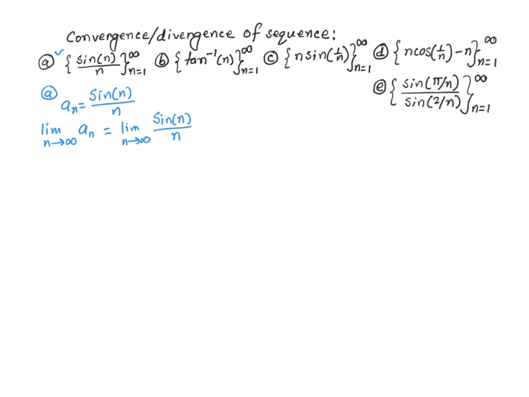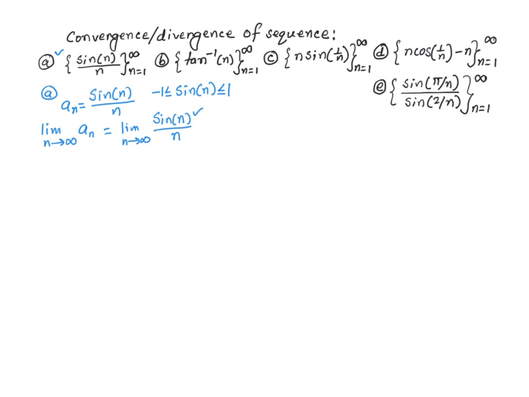Now, look, as n goes to infinity, sine of n is bounded by -1 and +1. As you know, -1 is less than or equal to sine of n, doesn't matter what the value of n is, less than or equal to 1. So this is bounded below and bounded above. So the numerator is not going to be the problem.